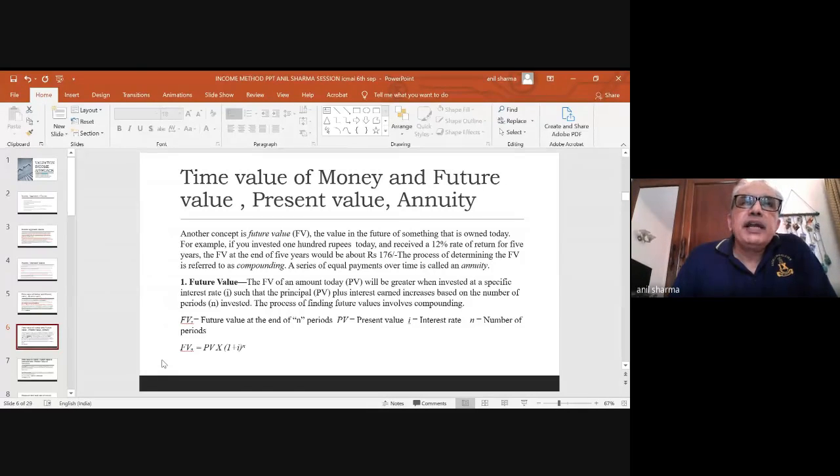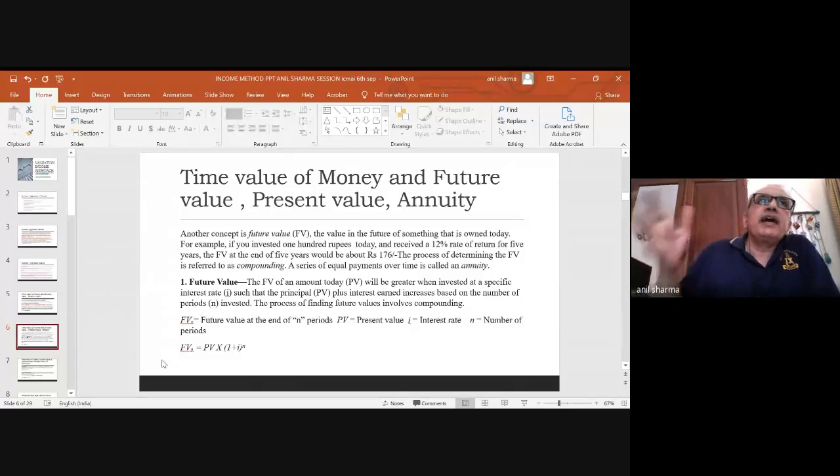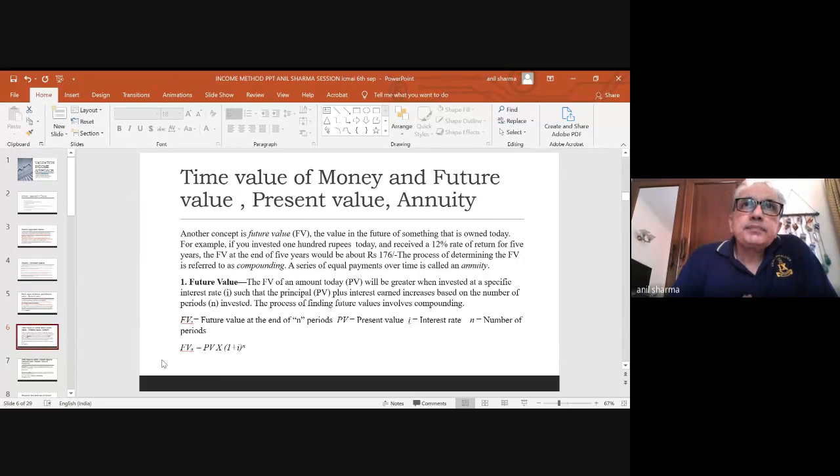And you have to calculate over n periods what the future value is going to be after n periods. Then the present value into 1 plus I raised to the power n is the future value of the money, right? I is the interest rate here.